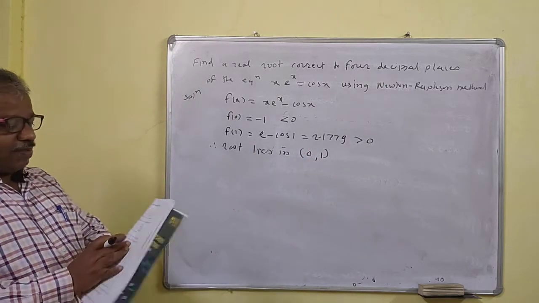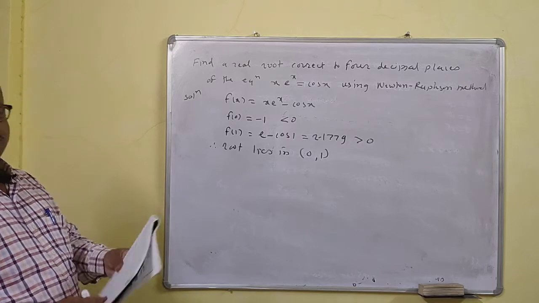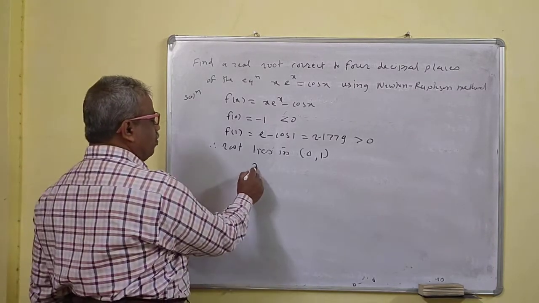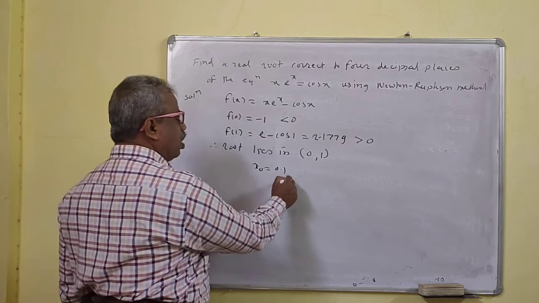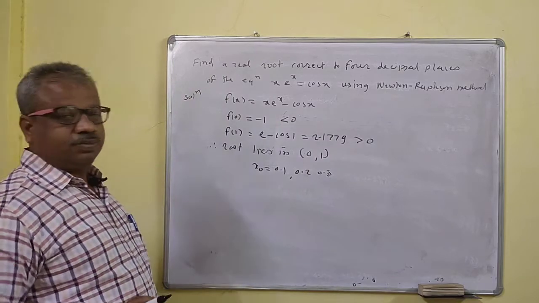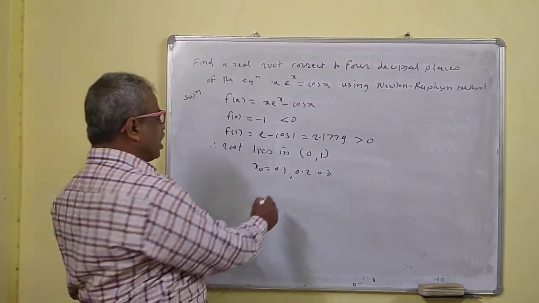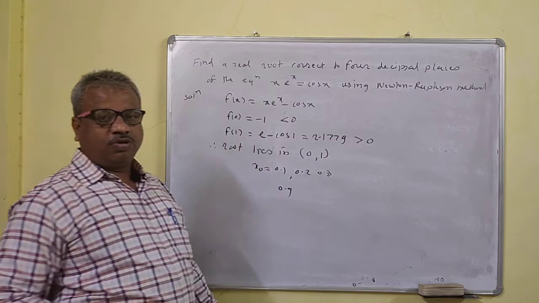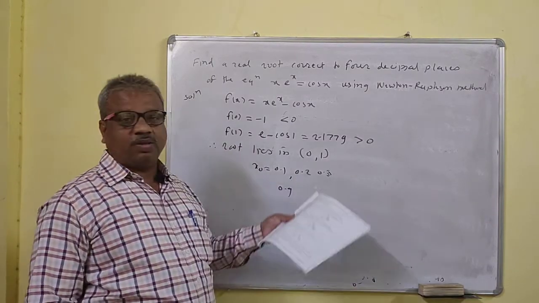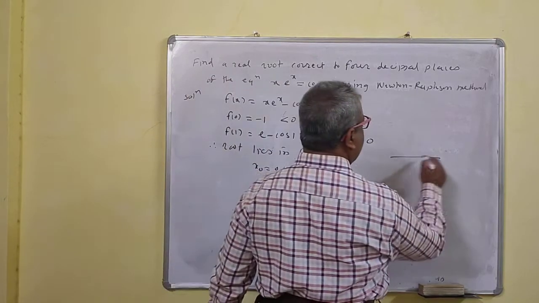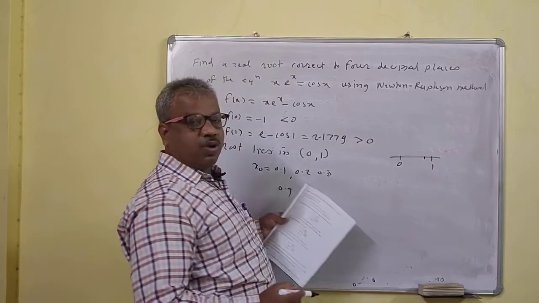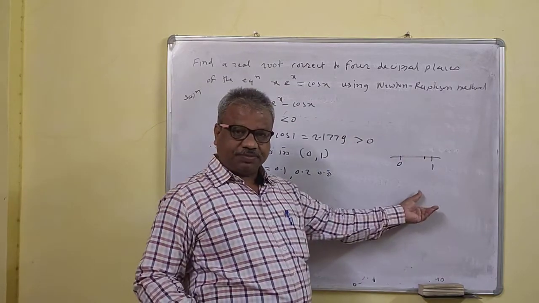So you can take any value as you wish. Okay, so you may start from x is equal to 0.1 or 0.2 or 0.3 or 0.4 or whatever, any value, or you may start from 0.9 also. But it is better to take the middle value, because if your root is near to 1 and you are starting from 0.1, then you have to do more iterations.